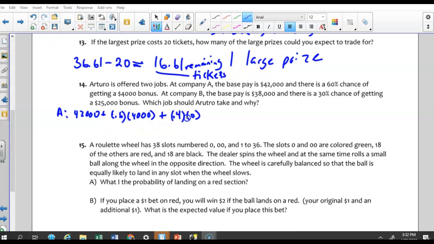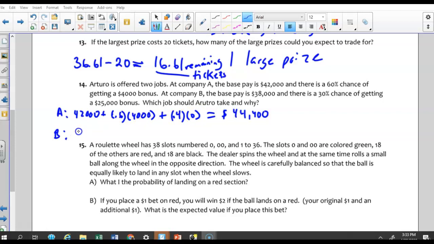Hey, I want you to understand this, okay? There's a 60% chance of getting this bonus, but out of 100%, if there's a 60% chance of getting it, there's a 40% chance you won't. So we got to take that into account. So he stands a chance to make $44,400 right here. The expected value is $44,400.